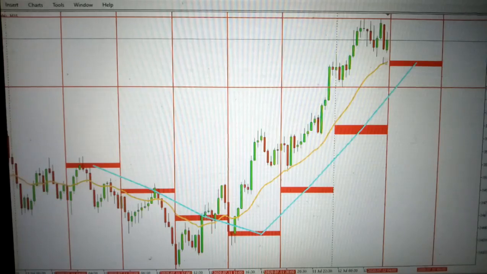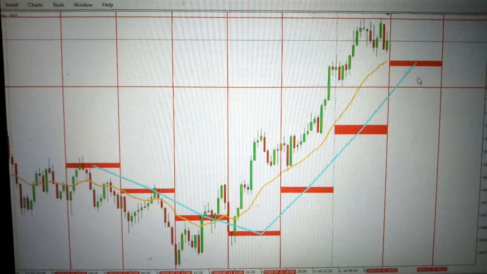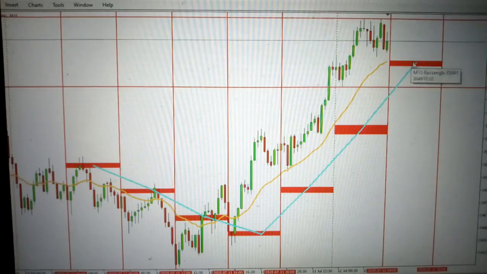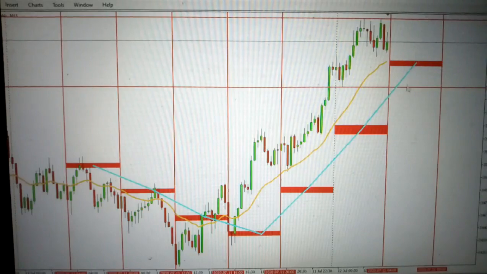So if price, as price is now, drops and closes below the support here, I should expect retracement or reversal. But if price drops to the support and then starts to rise or jump on the support, then I should expect my trend continuation.